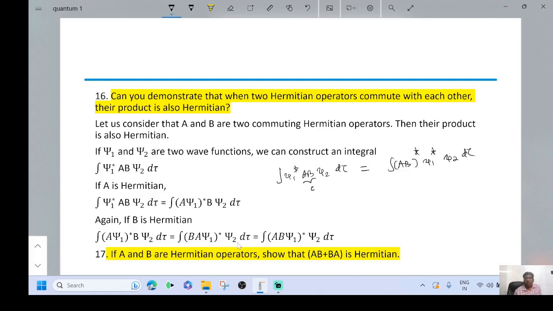Consider this AB as C. ∫ψ1* Cψ2 dτ equals ∫(Cψ1)* ψ2 dτ. Therefore, if A and B are commuting with each other, then the product AB is also Hermitian.